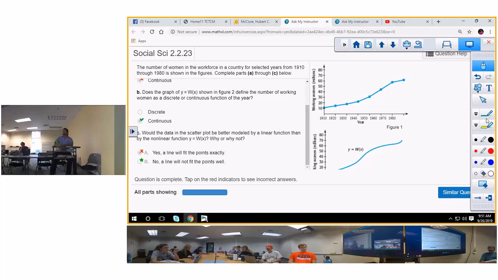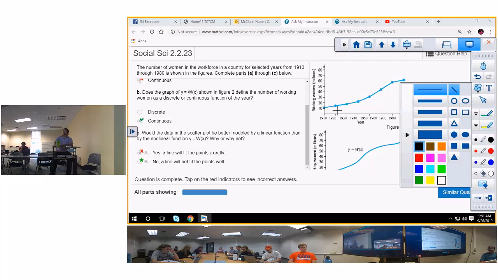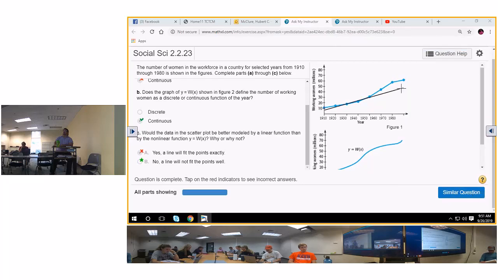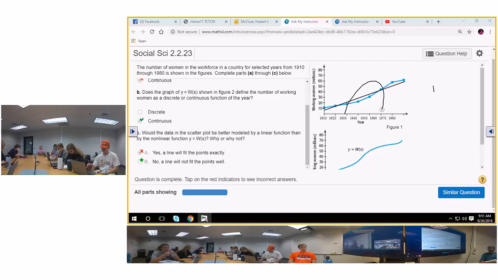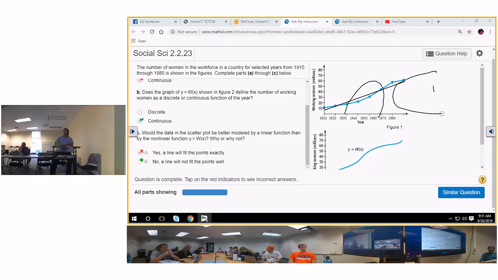I disagree, because you could fit a line with those points. I don't know how you're going to fit a parabola to that, or a hyperbola. Now, you could fit a logarithm. I guess that's what they're thinking. A logarithm would work. So, yes.